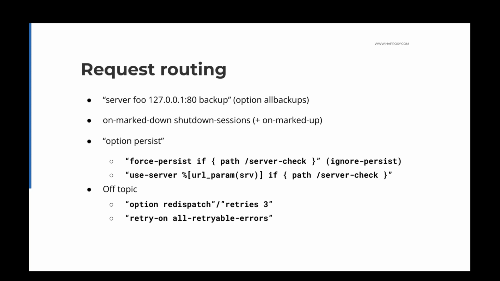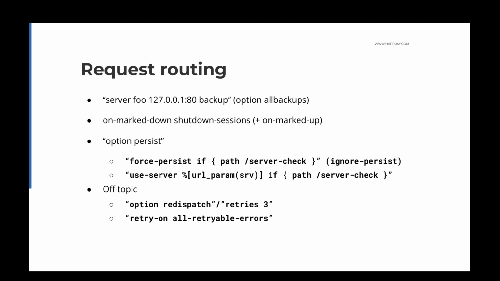There's option persist. This is pretty complicated, and it's not something you're probably going to actually deal with. However, if you want a particular setup, such as being able to request a path or group of paths from a server, even if it is down, or even if HAProxy thinks it's failing the health checks, you can use configuration like this.